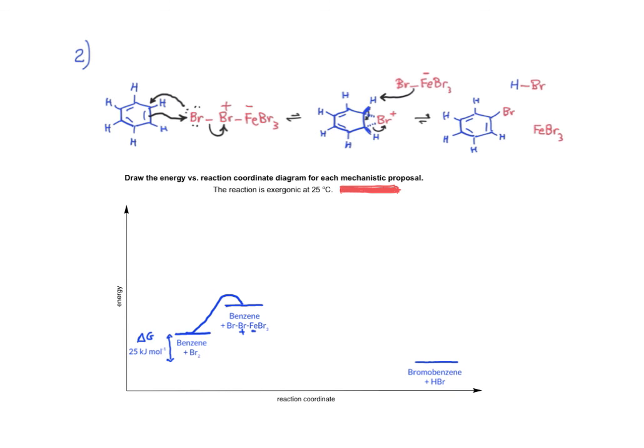The difference will be in the energy barrier, getting to the bromonium ion intermediate. I should emphasize that it is not the energy of the bromonium ion intermediate that necessarily determines the mechanistic pathway. It is the energy barrier, the transition state between those two.